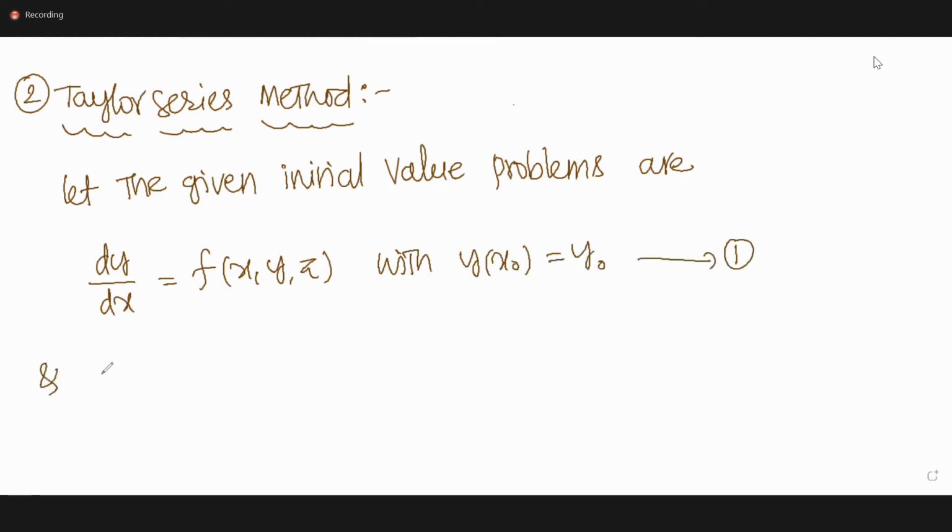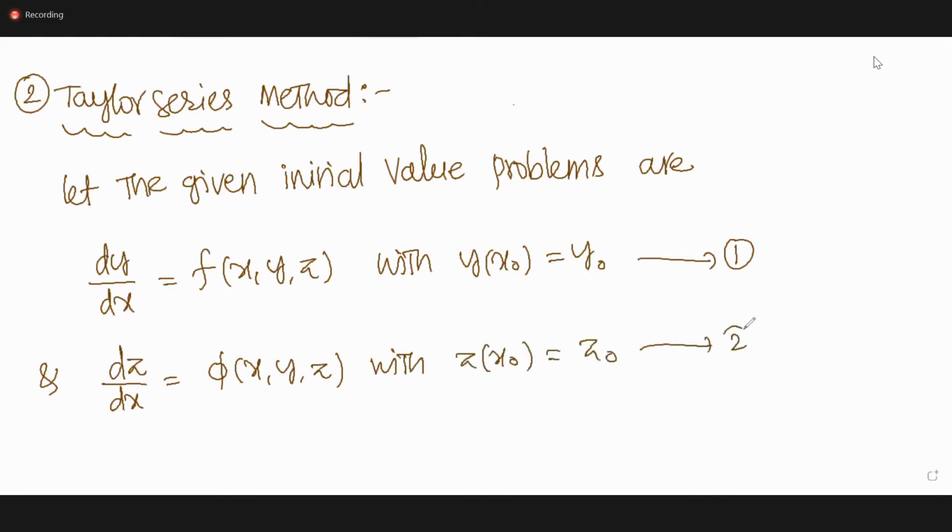And the second initial value problem is dz by dx is equal to phi of x comma y comma z with initial condition z of x naught is equal to z naught. Now we find the numerical solutions of these two initial value problems using the Taylor series method.